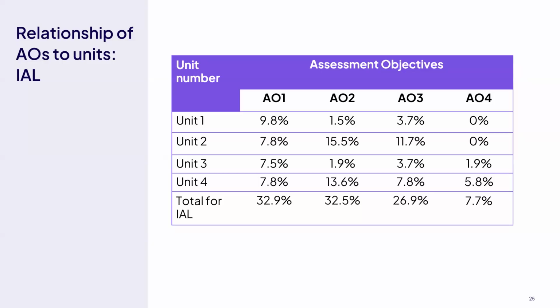And we see a similar thing happening here now for units 3 and 4. So it's the AO4 that is new at A2.